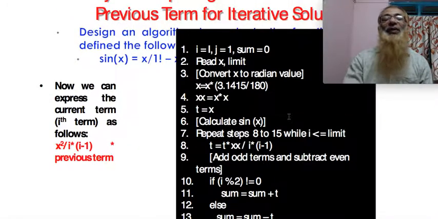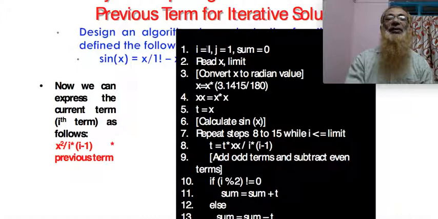We start with our I, our x raised to I. I is 1, j is 1, the initial value, the accumulated value, is 0. As usual, we input x and limit.